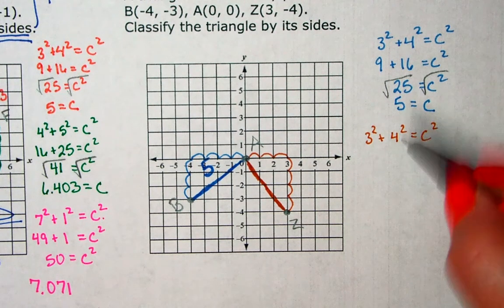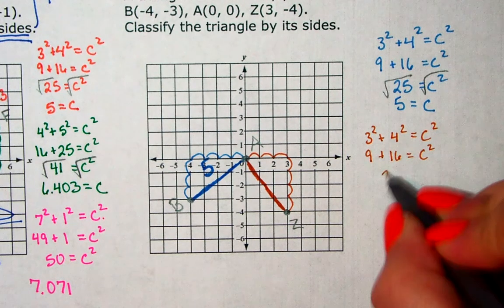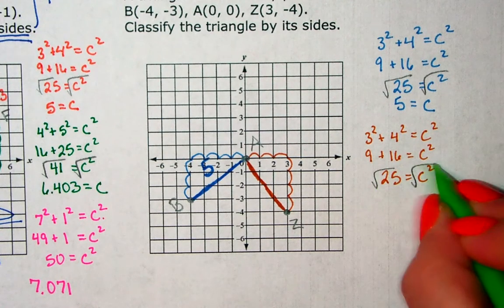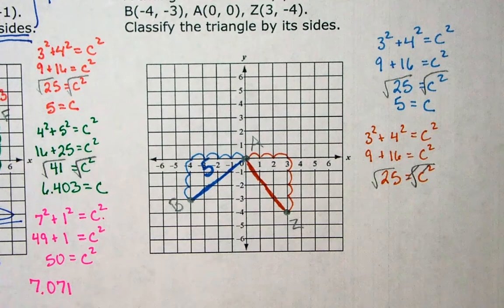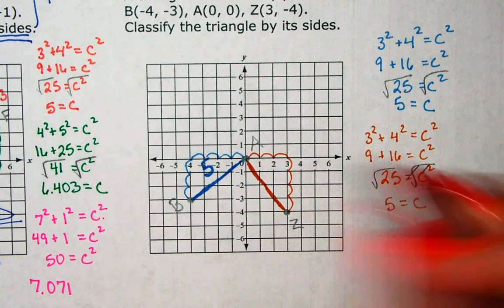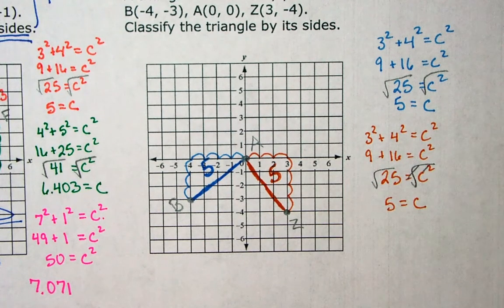Because it's 3 and 4 again. So I know I'm going to get 9 and 16 again, which means I'm going to get 25 again, which means when I square root, I'm going to get 5 again. And 5 equals c. So this also is 5.